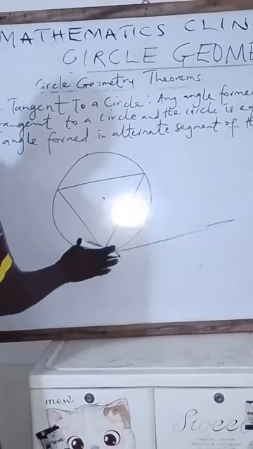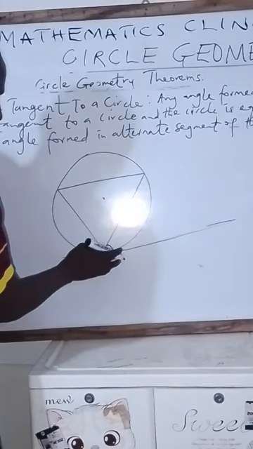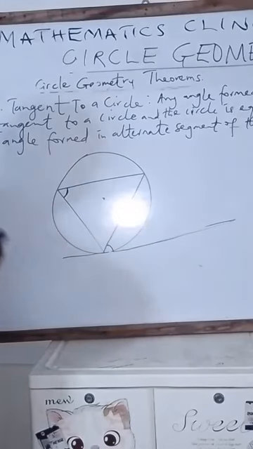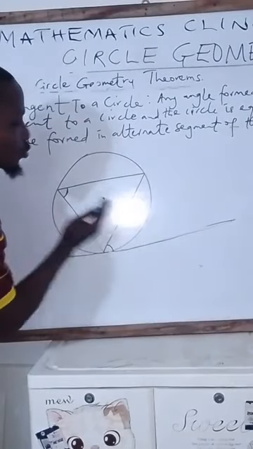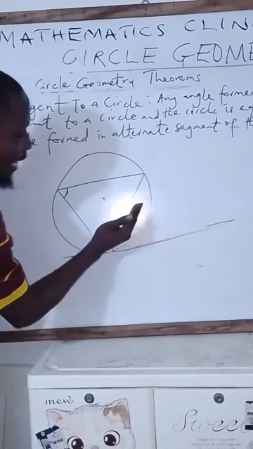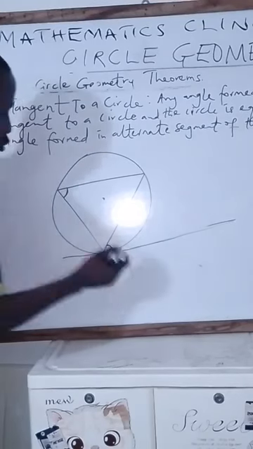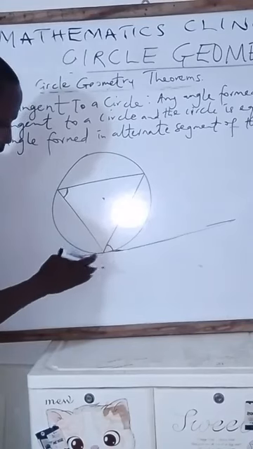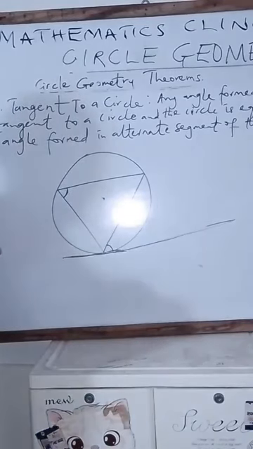Here's a tangent to the circle. What the theorem is saying is that the angle formed here is equal to angle formed here. Because this line has divided this circle into two segments, the minor segment and the major segment. So angle formed here must be automatically equal to angle formed down here. That is what the theorem is saying.